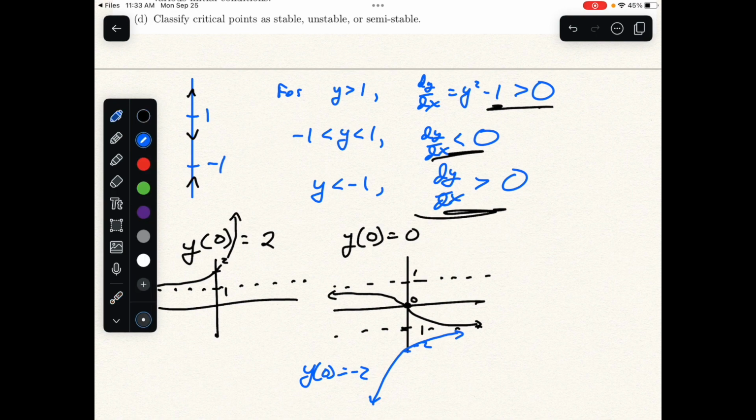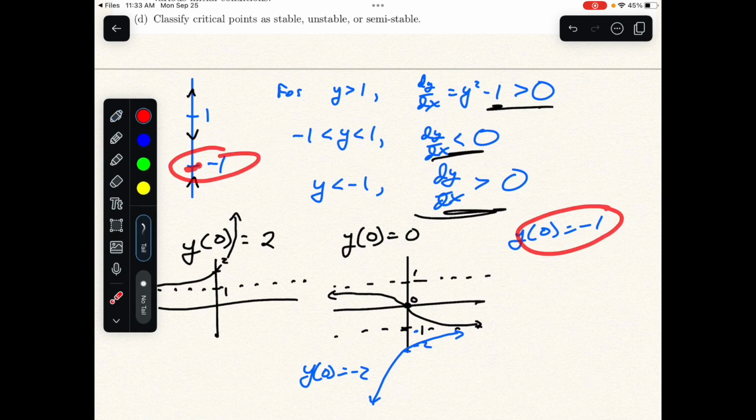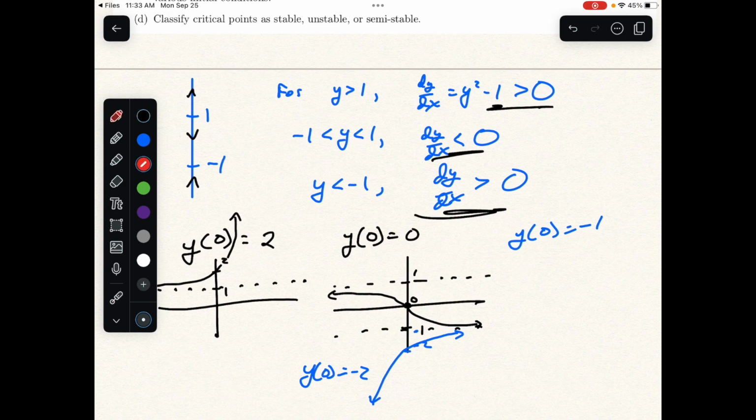And then also what happens if you have an initial condition y of 0 equals, say, -1? Well, -1 is an equilibrium point, so that corresponds to this point over here. Let's do that in red. So y of 0 equals -1.